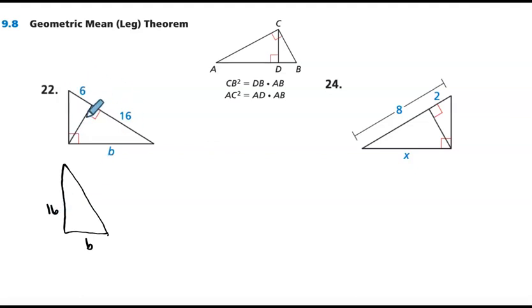I can't use the smaller triangle here because it doesn't have any information here. So I'm going to have to use the larger triangle here. Right? Because again, they're all similar. So this large triangle has a side here of B and a long side of 22.